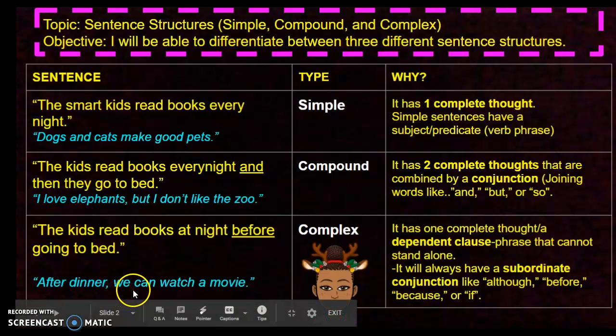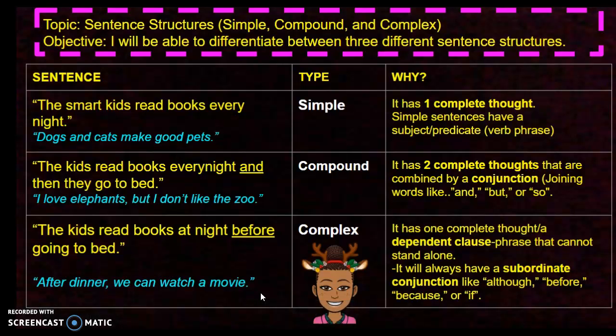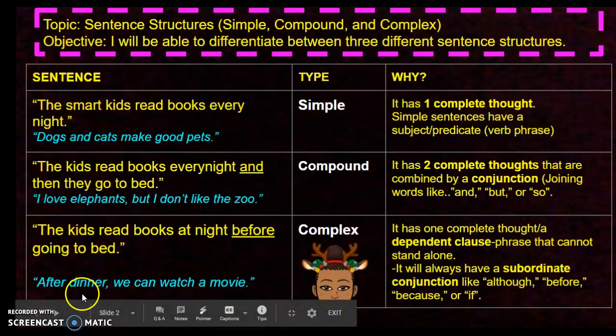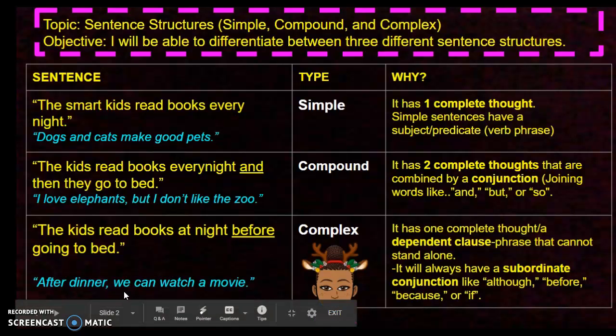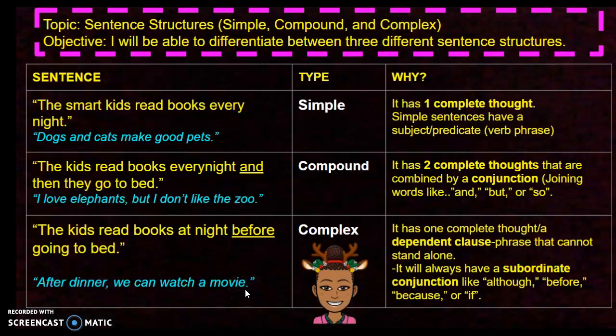And so then you have, we can watch a movie. That is going to be your complete thought piece. So I hope that you've noticed that sometimes the dependent clause, that piece, may come first in the sentence, and then the actual complete thought will come after that.